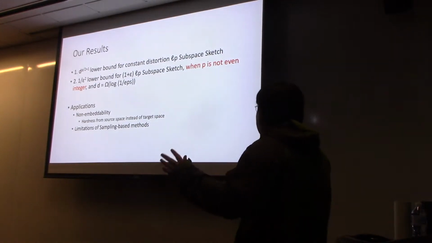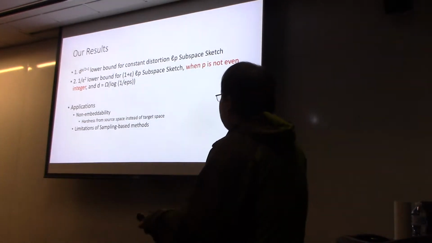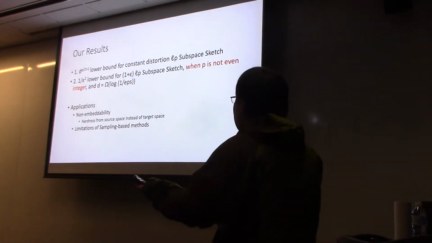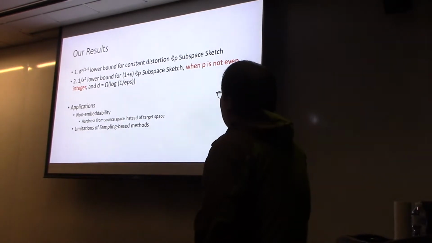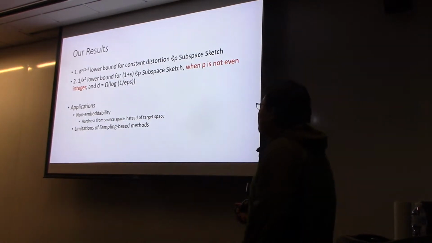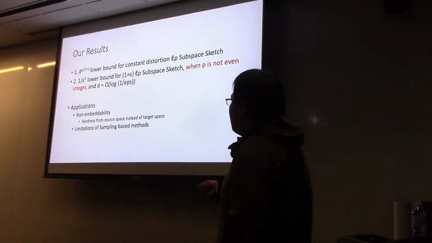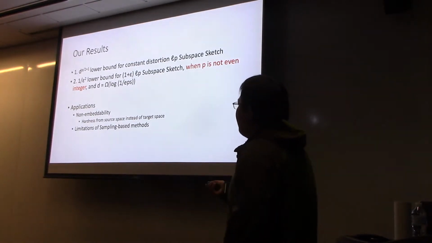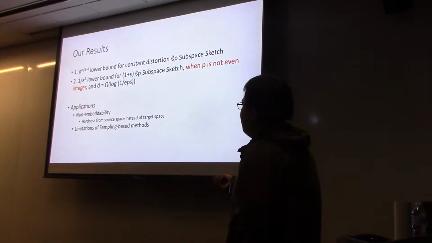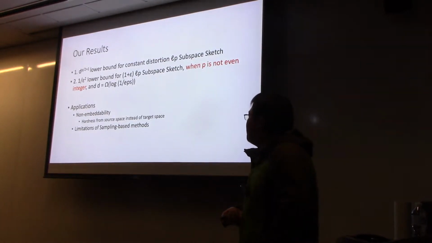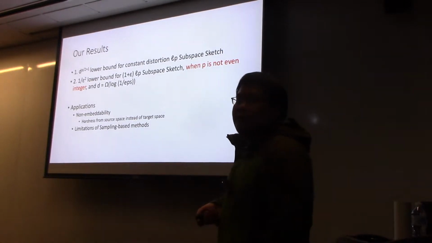So even for those functional analysis people, they cannot embed a d-dimensional subspace of a function space LP without having this 1/epsilon squared number of rows. If I have time, I will talk about some other applications of our lower bounds. They will have some implications on the sample-based methods. Okay, so any questions about the results?